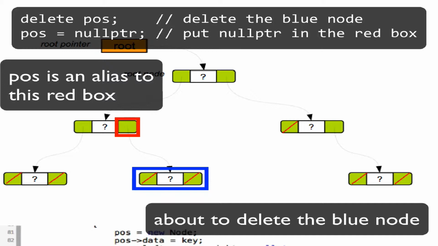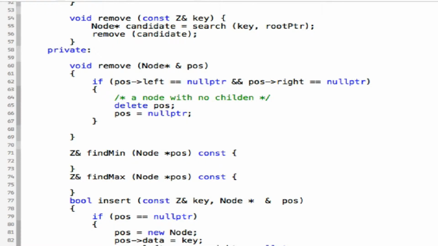Delete will delete whatever that pointer is pointing to. So delete will deallocate that structure, and then setting pos to the null pointer will reset that to null. The two actions are different. Delete will dispose the node, and the second line will update that box to null. Any other question?